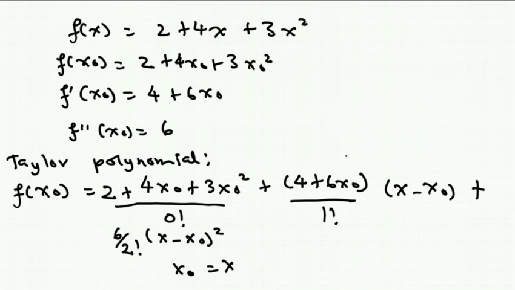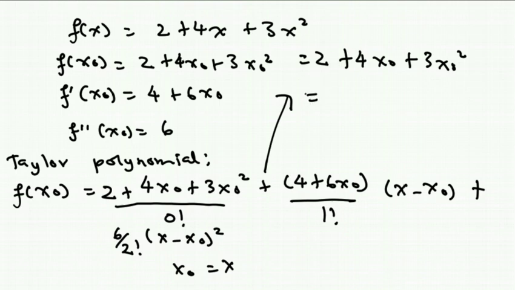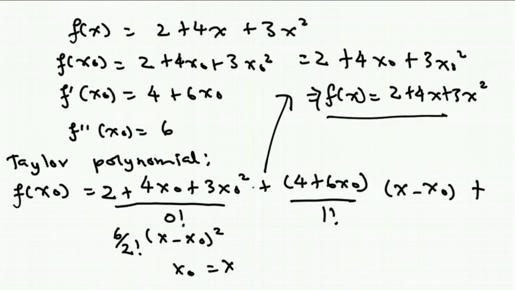Now, because x naught is actually the specific value of x, we can rewrite this polynomial function like this, because we just want to check whether we have done the correct things or not. So it becomes 2 plus 4x naught plus 3x naught squared. And like I said earlier, since x naught is equivalent to x, we can have x equivalent to 2 plus 4x plus 3x squared. This is the polynomial expansion.